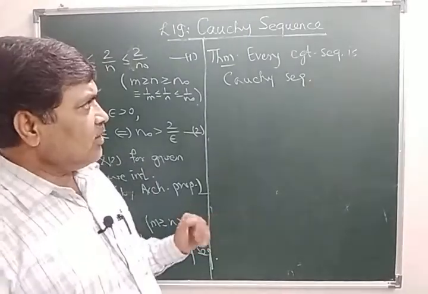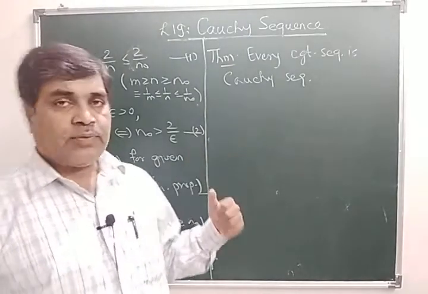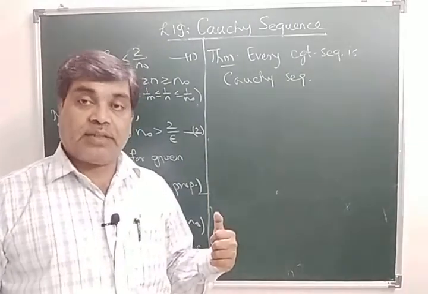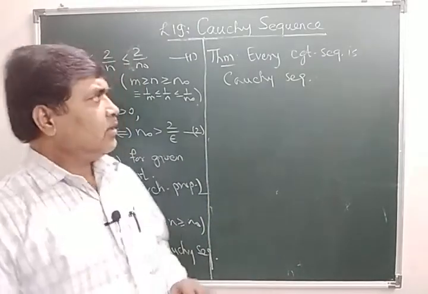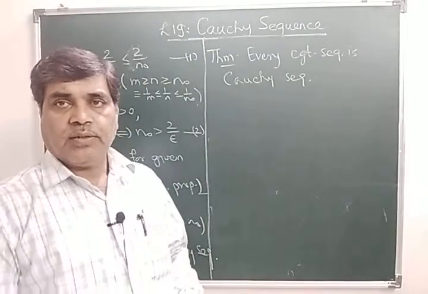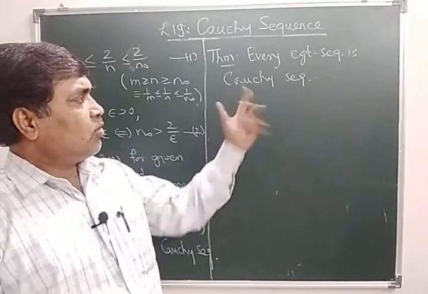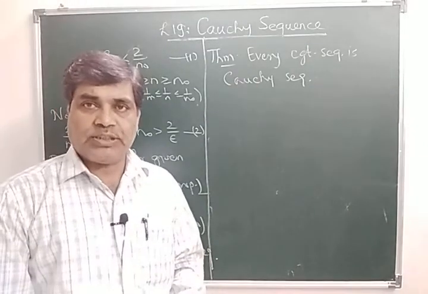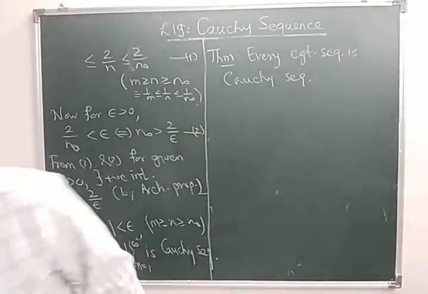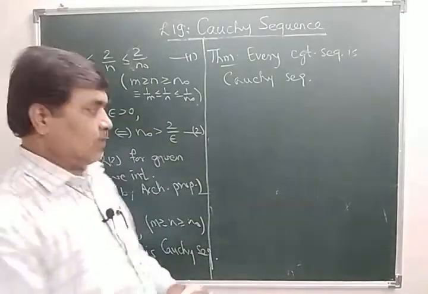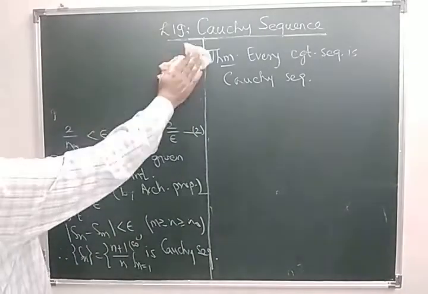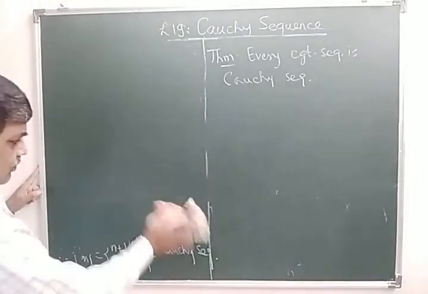But in general, in any metric space, a convergent sequence is always Cauchy, but a Cauchy sequence need not be convergent. In the set of real numbers, with respect to the usual metric, convergent sequence is equivalent to Cauchy sequence, meaning a sequence is Cauchy if and only if it is convergent. But in general, the result is not true.